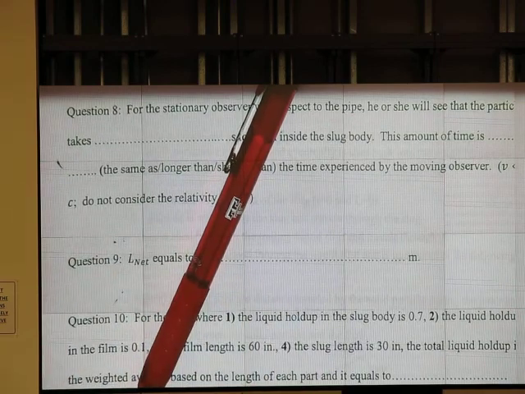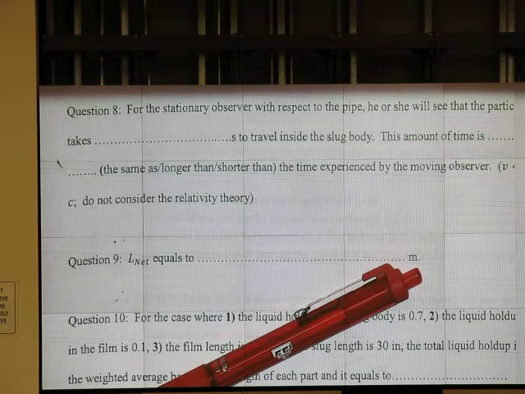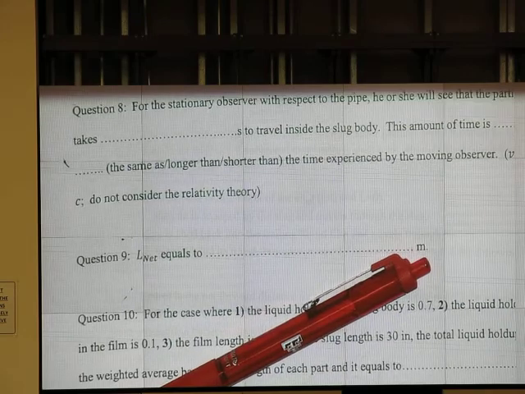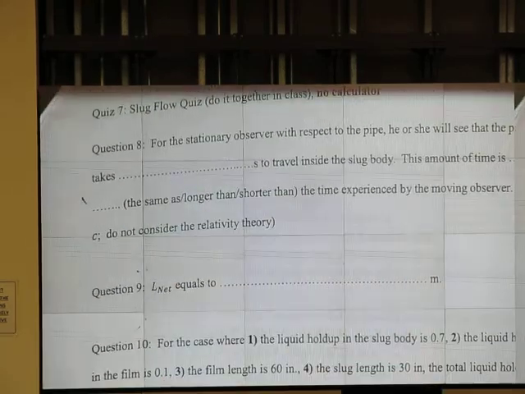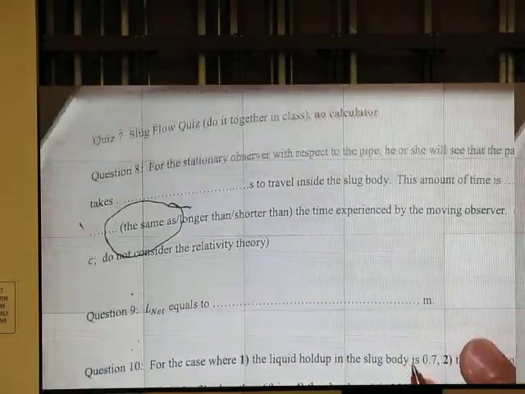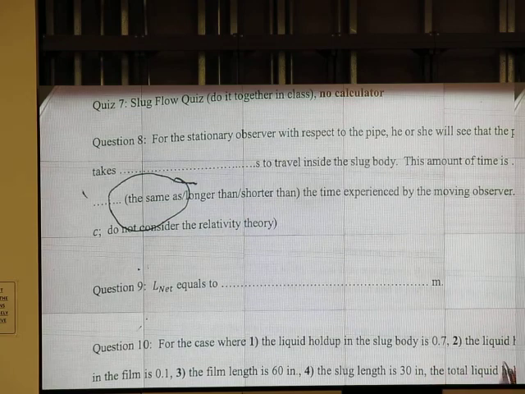If you run, this pen still takes 1 second to drop. Make sense? Unless you move close to the speed of light, but we never reach that point. So the time that everyone sees seems to be the same. So the stationary, it's time's up. Okay.